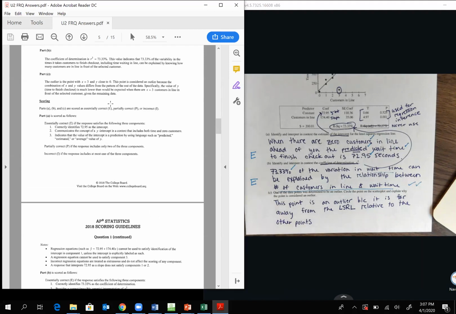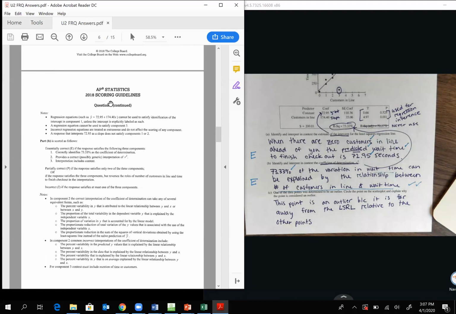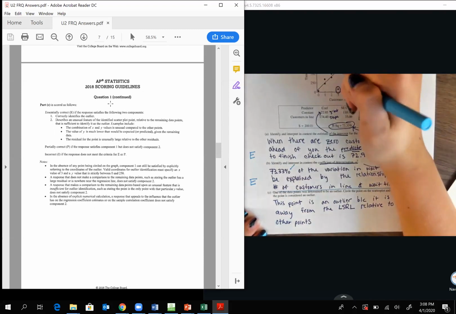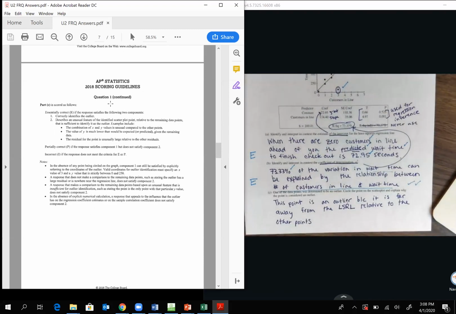I said this point is an outlier because it's far away from the LSRL relative to the other points. To get credit, essentially correct if you correctly identified the outlier, which I did. If you describe an unusual feature of the identified point relative to the remaining points, for example, the value of Y is much lower than would be expected, or the residual is unusually large.